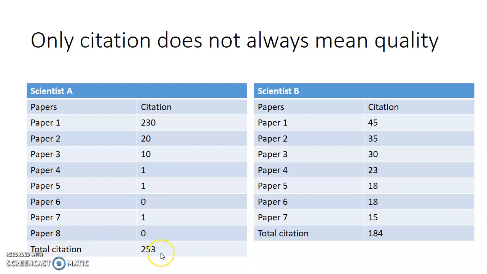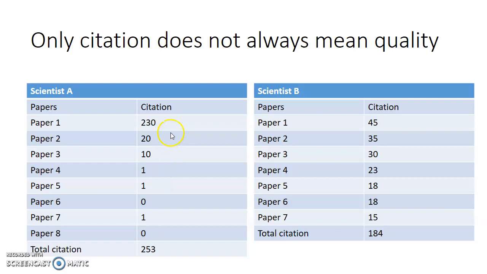But here is scientist B, who has published 7 papers, and on average these papers are receiving good citations over time. Even though his total citation is 184, which is less than scientist A, looking at the publication and citation count, we can say that scientist B is able to maintain the quality of his research because overall his papers are continuously being cited by other scientists. For scientist A, only one paper has received a good number of citations, but others have not.